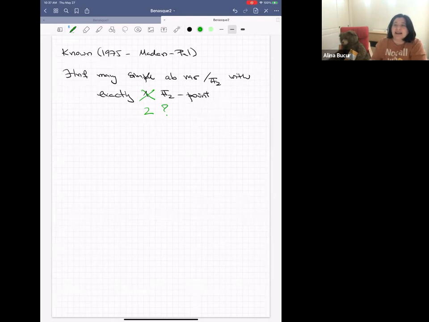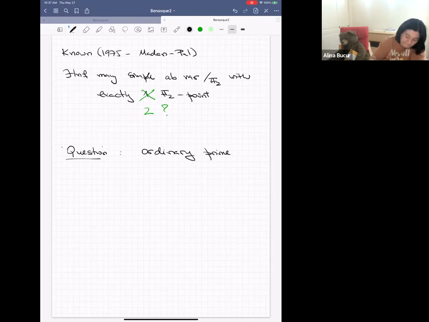And the last one I left for last is a question that I know Serre himself is interested in, which is the question of ordinary primes. Namely, for an abelian variety, say X, defined over Q, you reduce mod p.